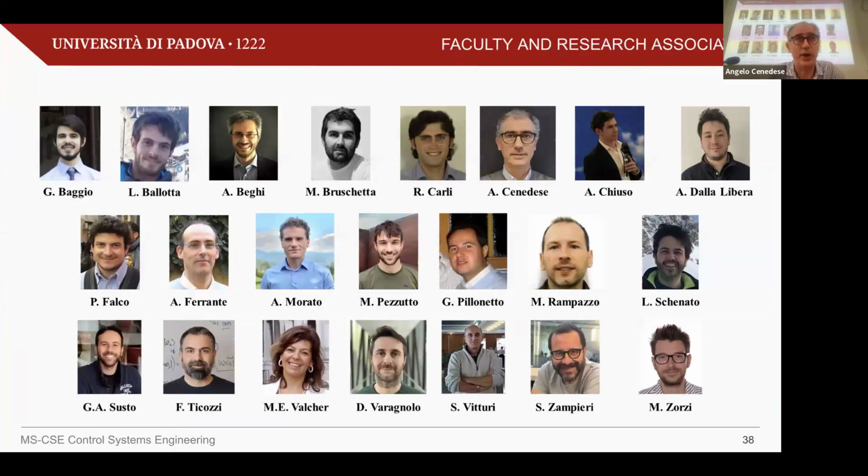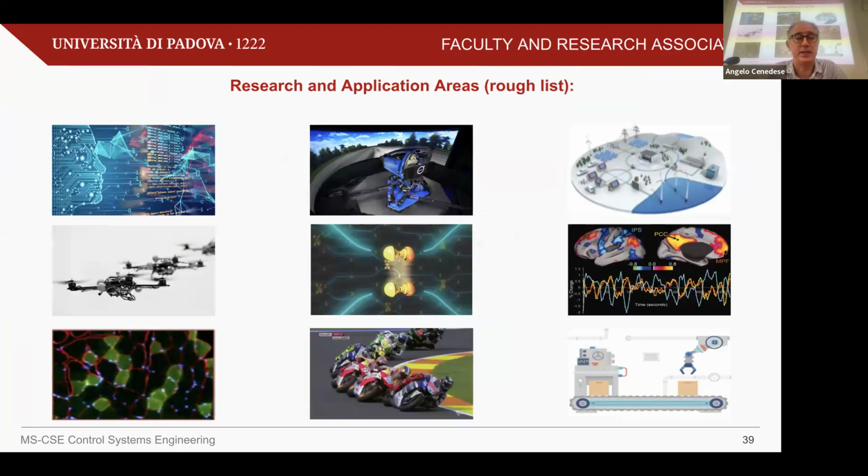This is our group. I believe that you have already met some of my colleagues during your undergraduate courses. These are some of the research areas that we work on: AI, driving simulators, network applications, robotics, quantum technology, neuroscience, systems biology, automotive, industrial automation.